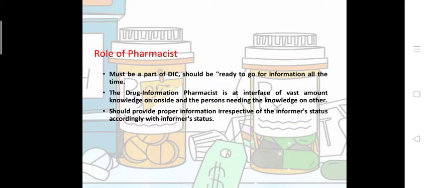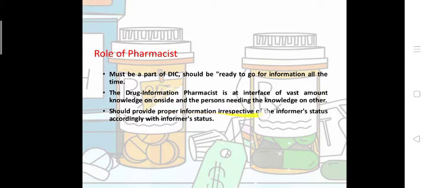Then as we are talking about pharmacy, we will be more related to the pharmacist. He is a part of DIC who is ready to give information all the time. He tries to find and is always ready to give information to all the persons who seek information. The drug information pharmacist acts as an interface to a vast amount of knowledge.